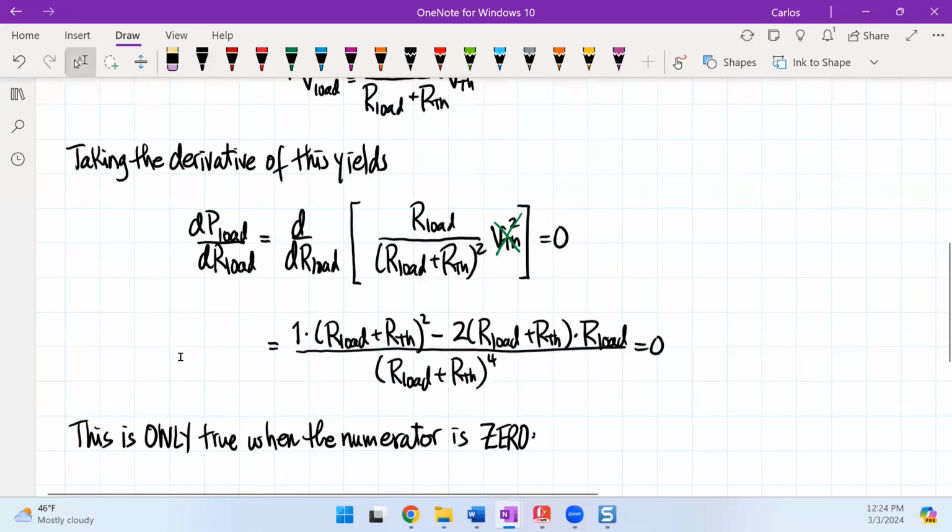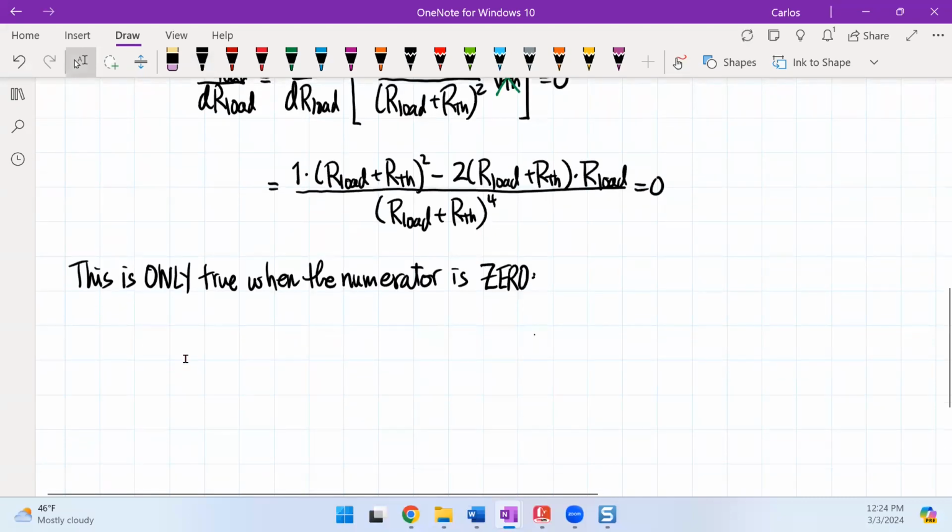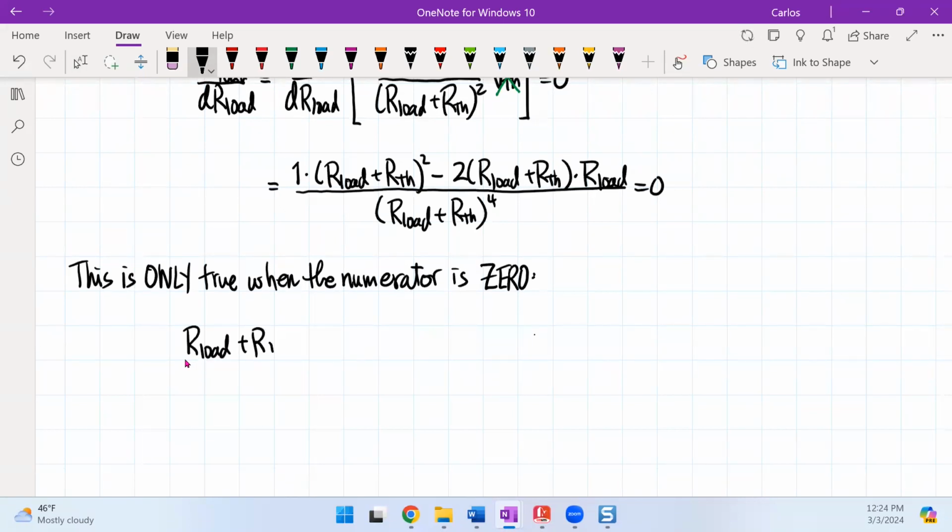So if I focus on the numerator, I then write that I have R load plus RTH squared minus 2R load times the quantity R load plus RTH is equal to 0. But note, one of the powers cancels out.